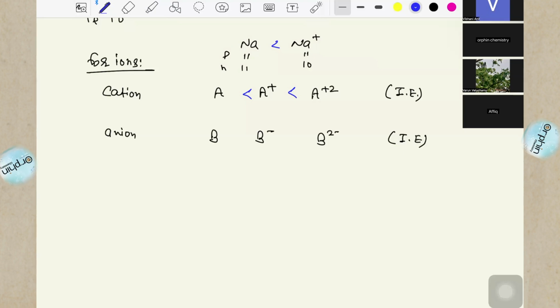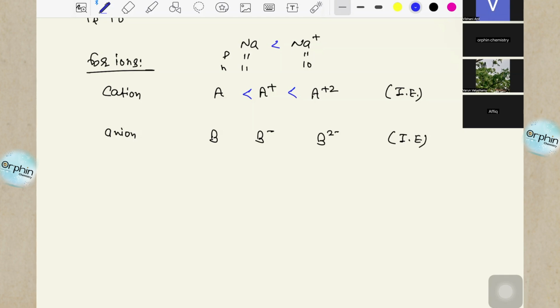Do cations have extra electrons? Varun. Cation means removal of electron or addition of electron? Sorry, it happened by mistake, sir. Or do you think that cation has more electrons? No, sir, by mistake. Yes, please.